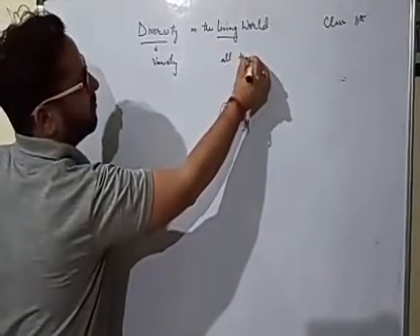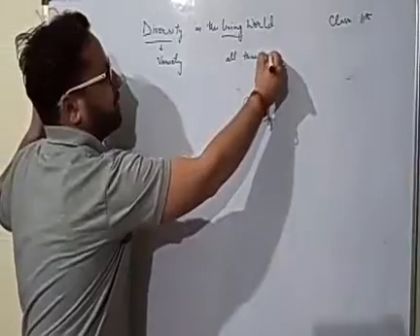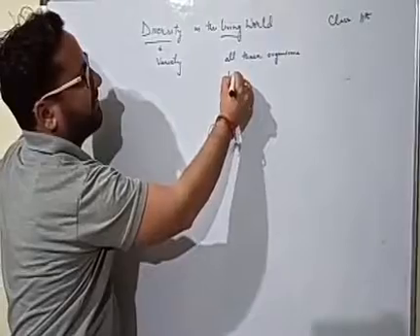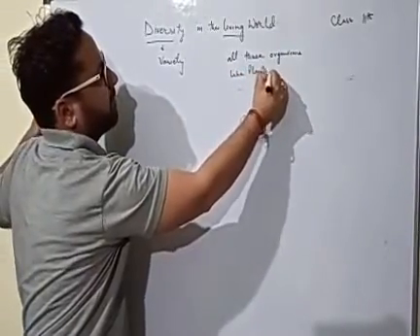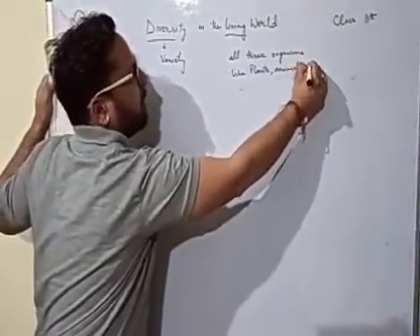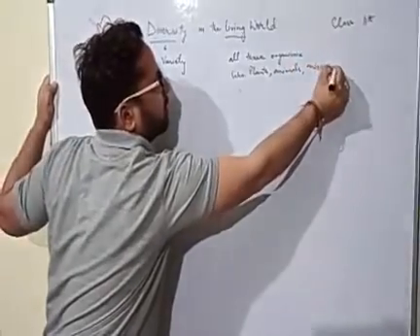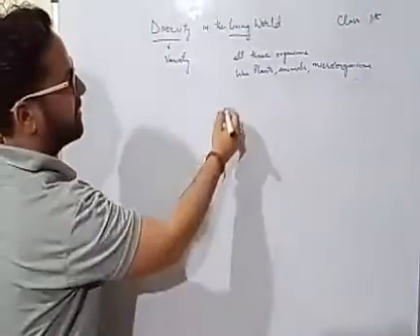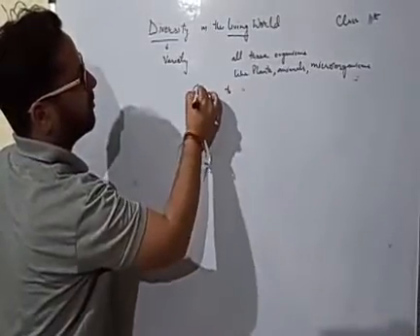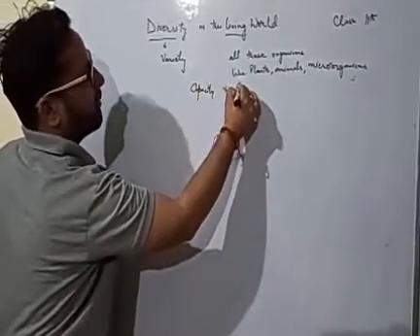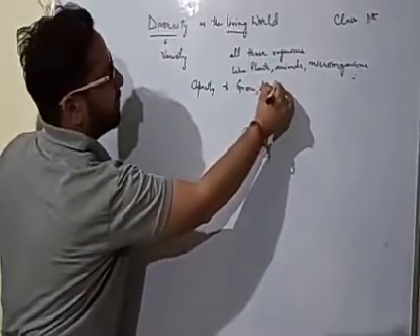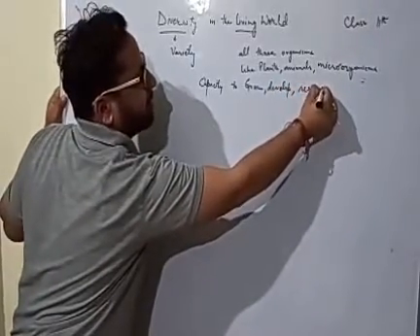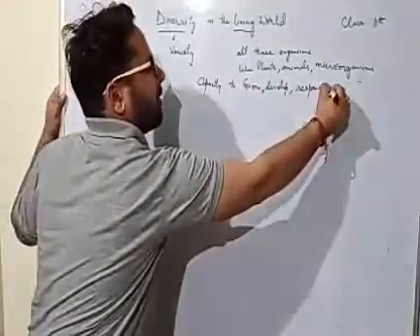all those organisms which we know, like plants, animals, microorganisms, which have the capacity to grow, develop, respond to stimuli, and reproduce.